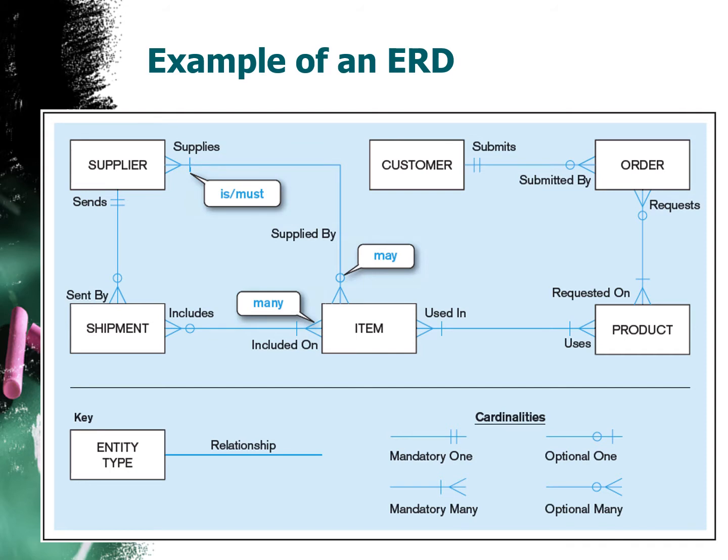So it's submitted by a customer. A customer can submit zero or many orders. The way you read it is actually from left to right and then right to left. So a customer can submit zero or many orders.